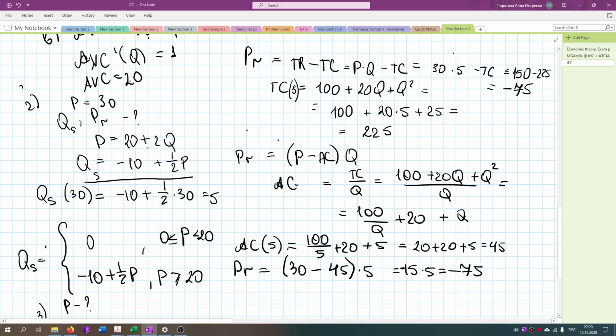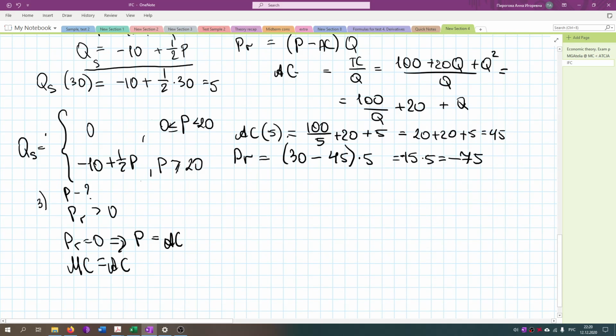So we equalize our marginal cost and average cost. So just using our equations, we write 20 plus 2q is equal to 100 divided by q plus 20 plus q.